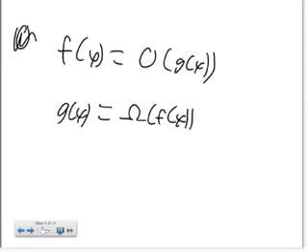The two notations are related because intuitively, if g of x is an upper limit on f of x, then if you look at the graph, f of x is also the lower limit on g of x. So that's an important relationship between the two to keep in mind.